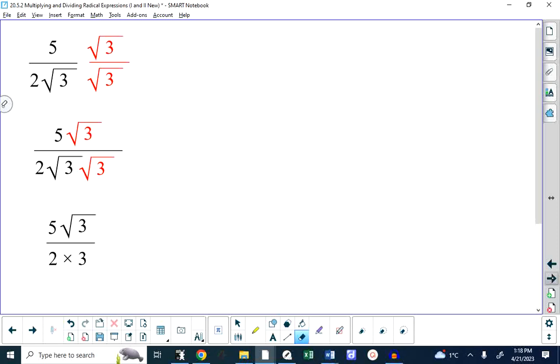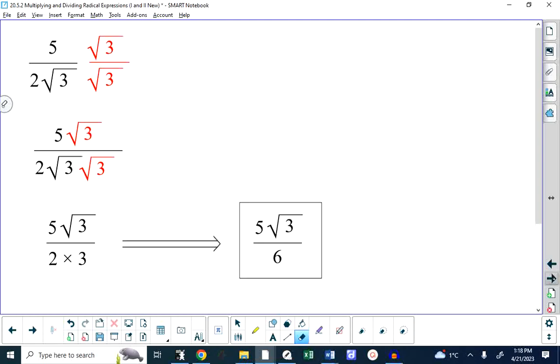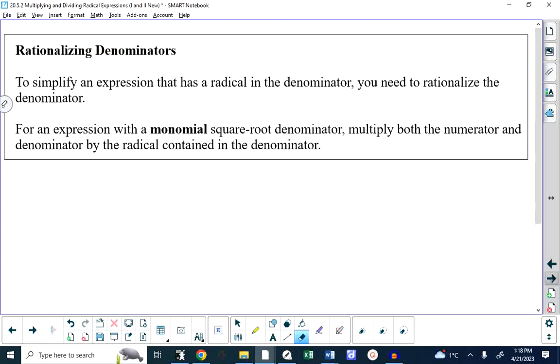Owen, please don't get ahead of us. Thank you. So we end up with 5 root 3 over 2 times 3. Why times 3? Because that root 3 on the bottom times the root 3 is root 9, which is 3. So I end up with what I told you we end up with. Okay? All right, let's try some examples now.